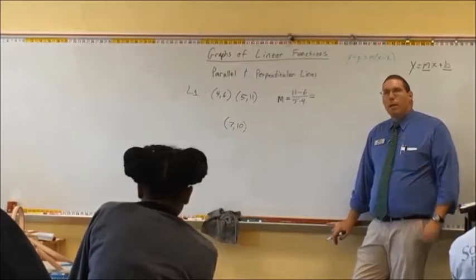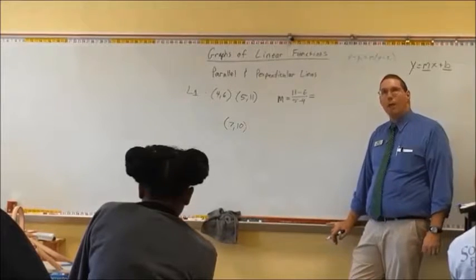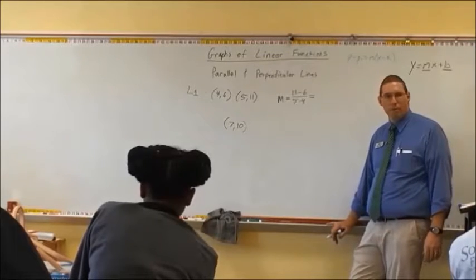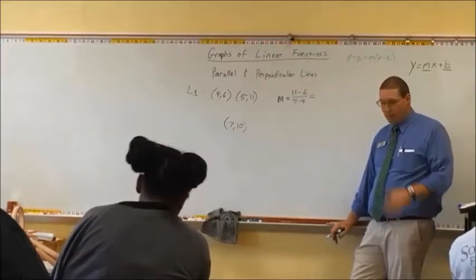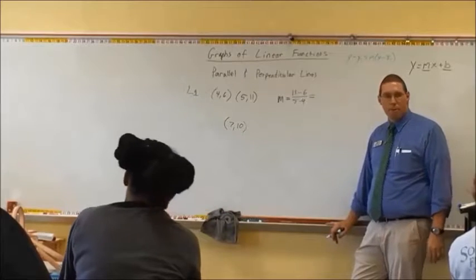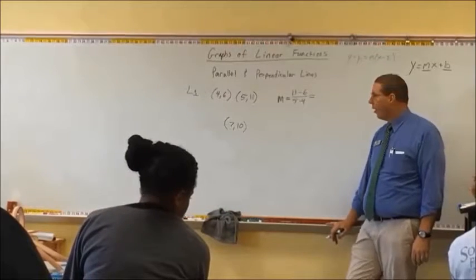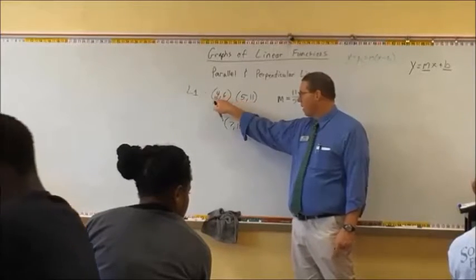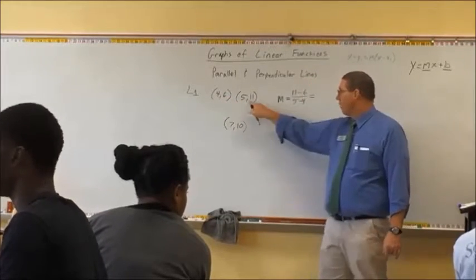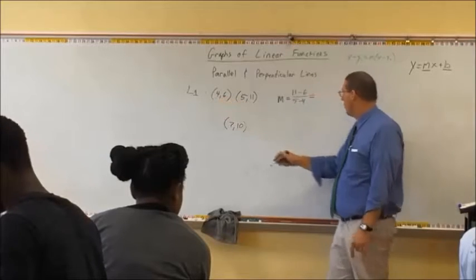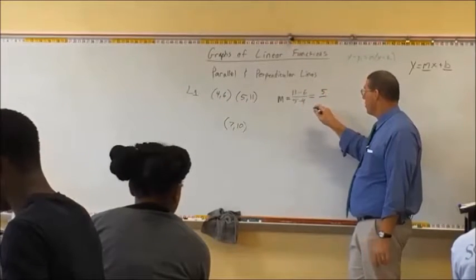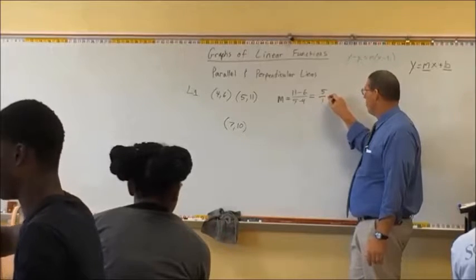If I were you, I would just invent 2 points, make up any 2 pairs of numbers, and find the slope between them. All you're doing is a y minus a y divided by an x minus an x. That's it. 11 minus 6 over 5 minus 4. So 11 minus 6 is 5, and 5 minus 4 is 1, so what's the slope?